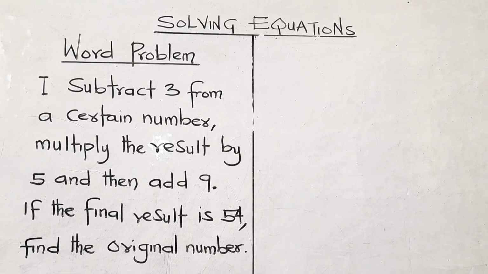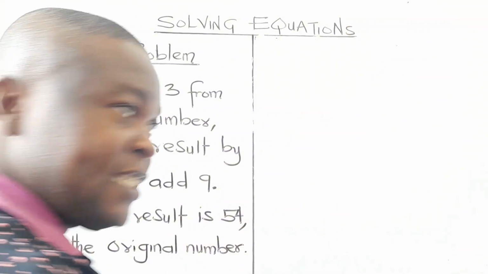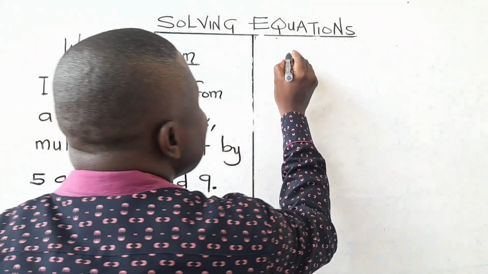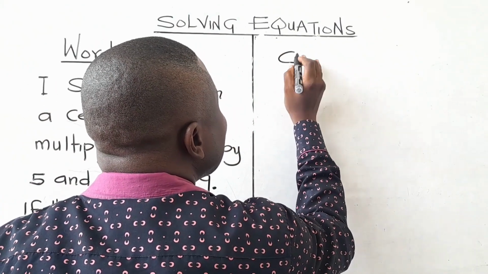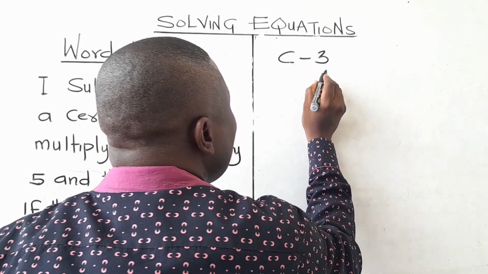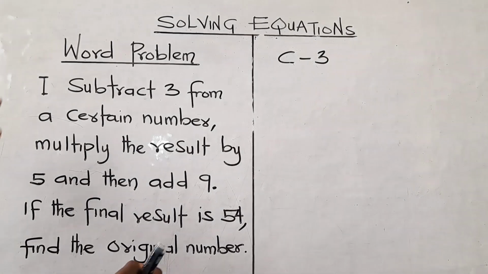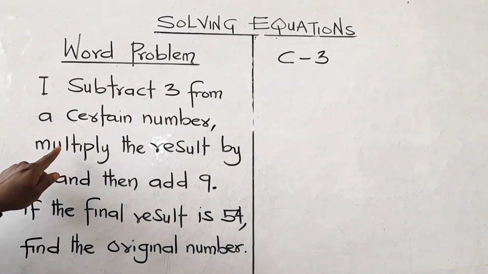Let's choose C for Chris. The number is C. I subtract 3 from a certain number, which is C. We are done with the first part.